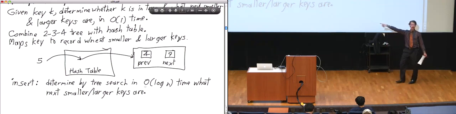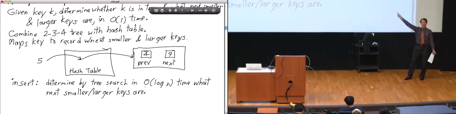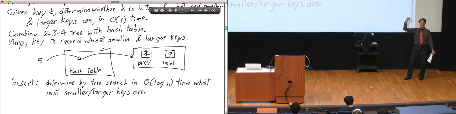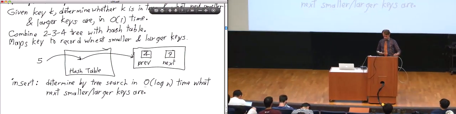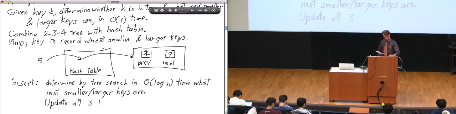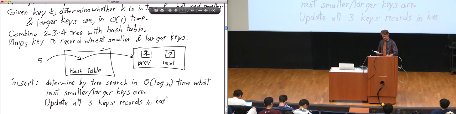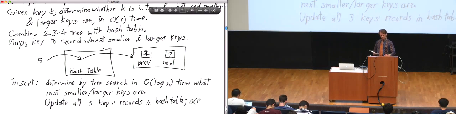But you also need to update the entries for its two neighbors. So when I insert the 5, I need to update the record for 4 so that it knows that its next larger neighbor is a 5 now and not a 9. And I need to update the record for the 9 to let it know that its next smaller neighbor is a 5 now and not a 4. So in other words, I have to update all 3 keys in the hash table, but I can do that in constant time.